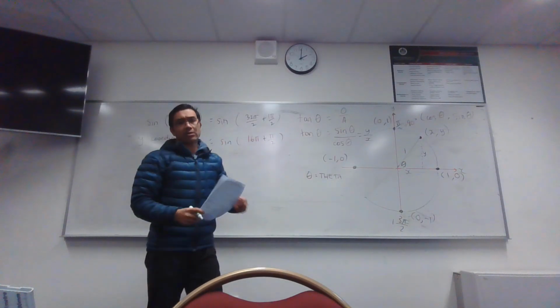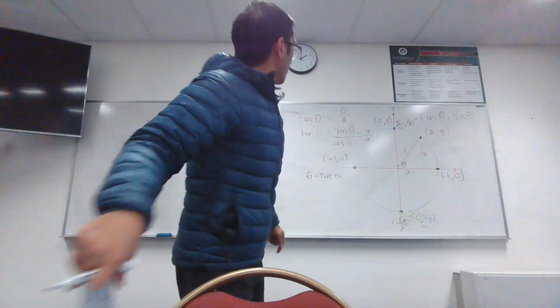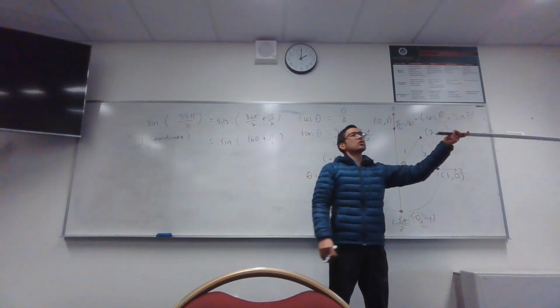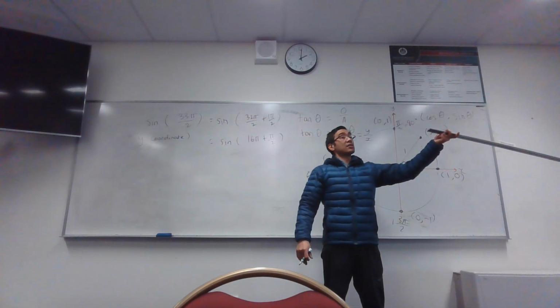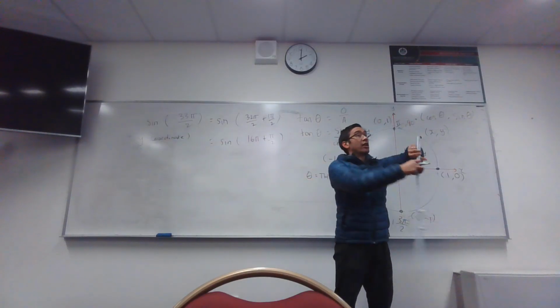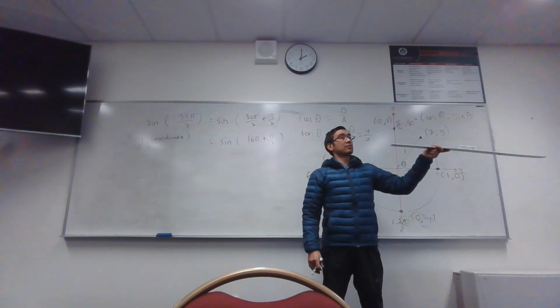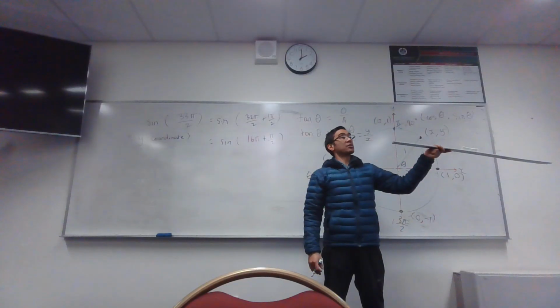Now think about that too. If this is 0 and then I go to 2 pi, how many times do I have to go around?